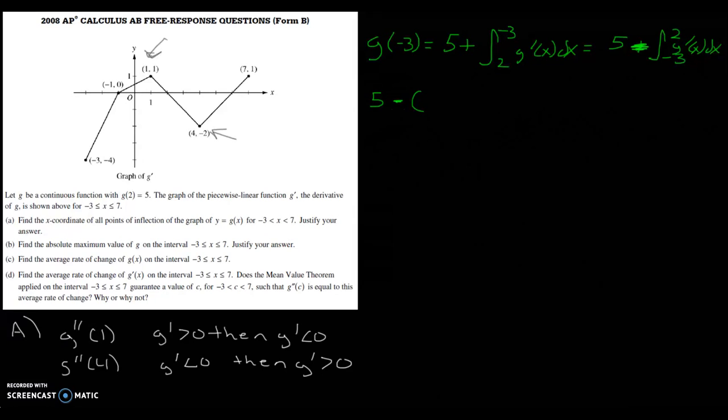So now when we do this, we're going to get 5 minus, we're going to have to find this area over here, which is a triangle, and also this area over here, but these are going to be the opposite of what it appears to be because the boundaries are switched. So now you're going to do 1/2, 3 wide by 1 high, minus, this part is 2 wide, so 1/2, 2 wide by 4 down.